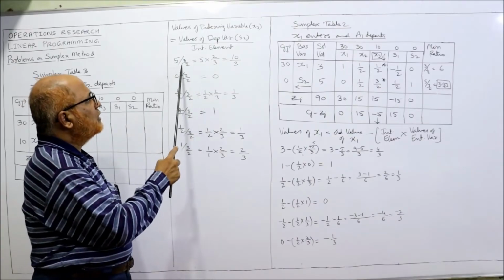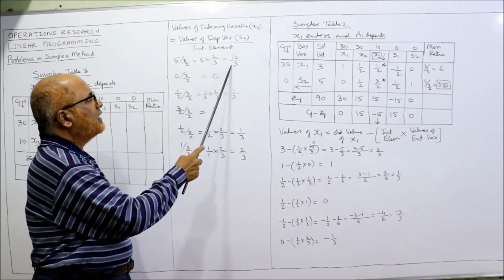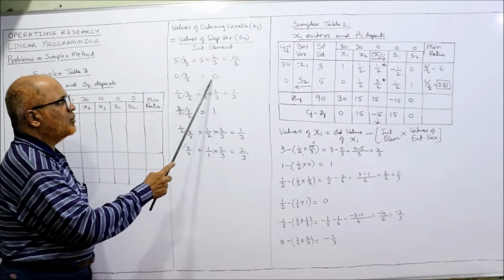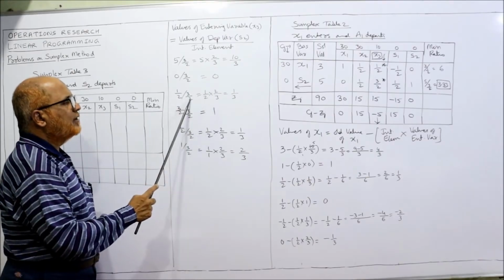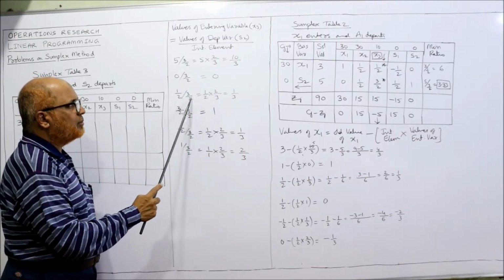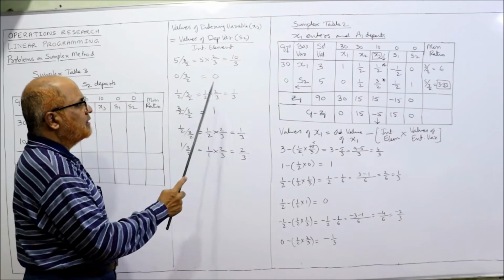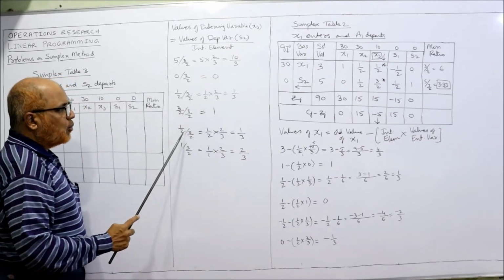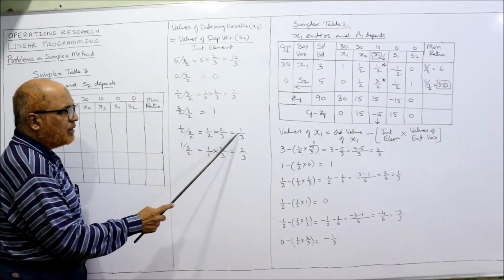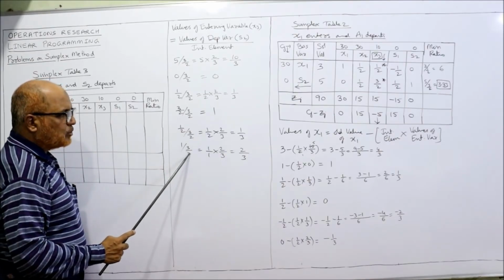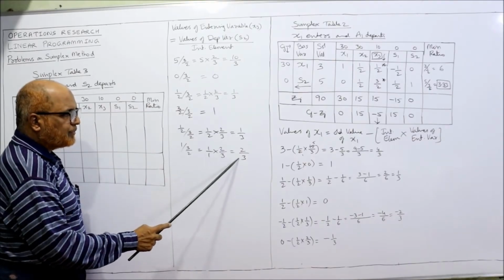So 5 divided by 3/2, if we multiply, becomes 2/3, so 10/3, 5 2s are 10. 0 divided by 3/2 is 0. 1/2 divided by 3/2: we convert the division into multiplication, so it becomes the reciprocal, 1/2 into 2/3, the 2s cancel, so 1/3. 3/2 divided by 3/2 is 1. 1/2 divided by 3/2 is again 1/2 into 2/3, the 2 cancels, remaining 1/3. 1 divided by 3/2 is 1 into 2/3, so 2/3. That's all.